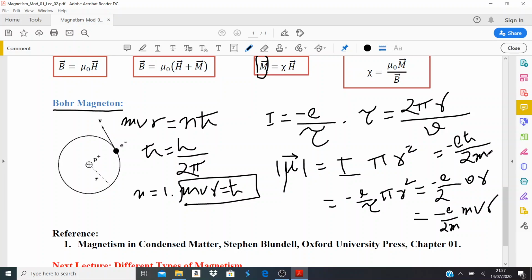over twice m. This is the quantity of interest, because we know the mass of the electron, we know the reduced Planck constant, and also e. So this quantity without the minus sign is known as the Bohr magneton.